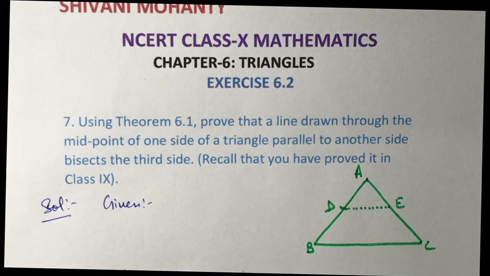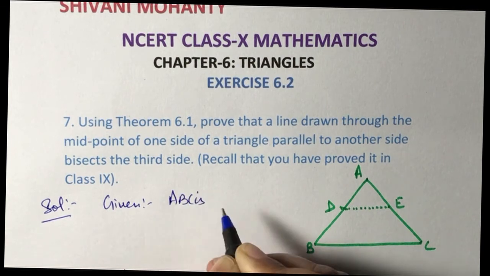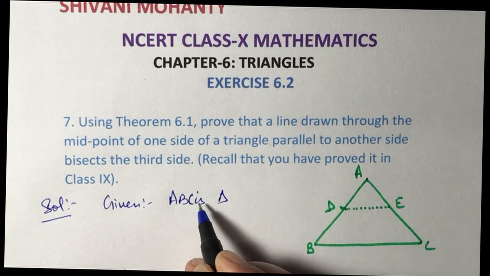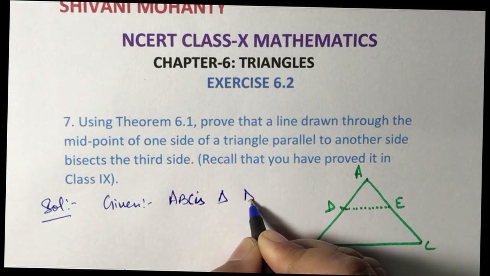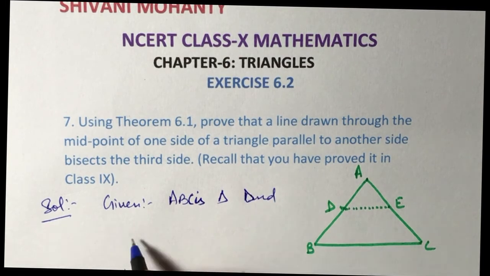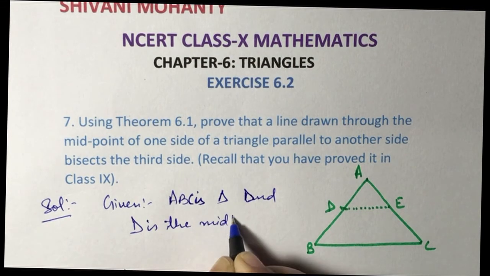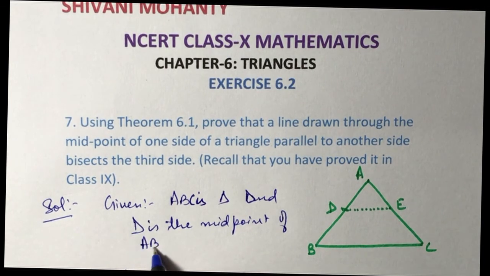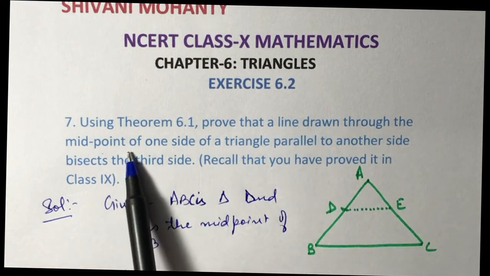It is given that ABC is a triangle and D is the midpoint of AB, because it is given that a line is drawn through the midpoint of one side.